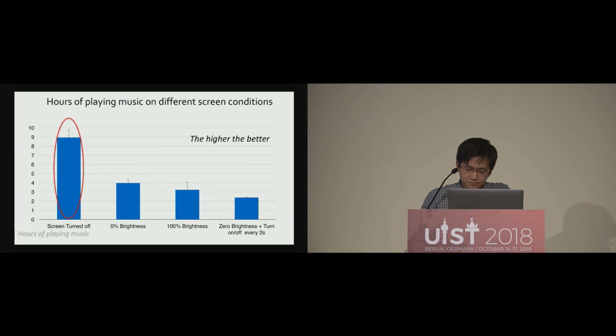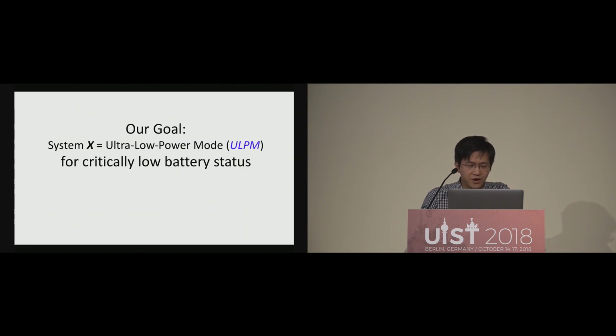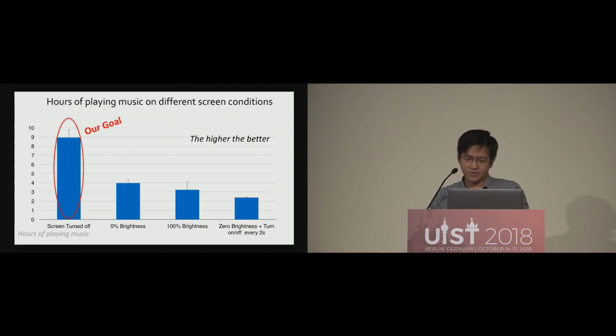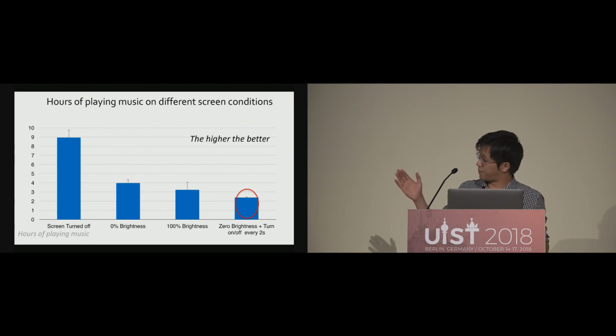Another very interesting phenomenon is that by switching the screen on and off every 2 seconds, it actually doesn't save power. It even drains power more quickly than the case of remaining at 100% brightness.